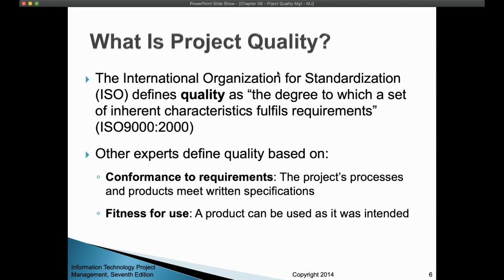And if you remember, when you develop your project, you develop the project charter. You mentioned some of the quality in the project charter, or the expected outcome, that it has to be according to the specifications or requirements required from you.